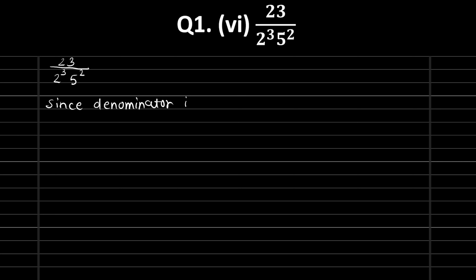So, therefore, we will write down since the denominator is of the form 2 raised to n into 5 raised to m, where n and m are whole numbers.